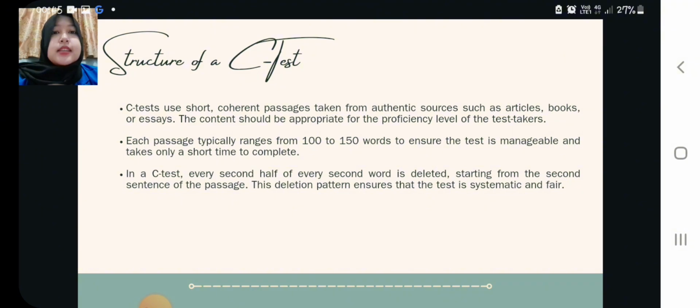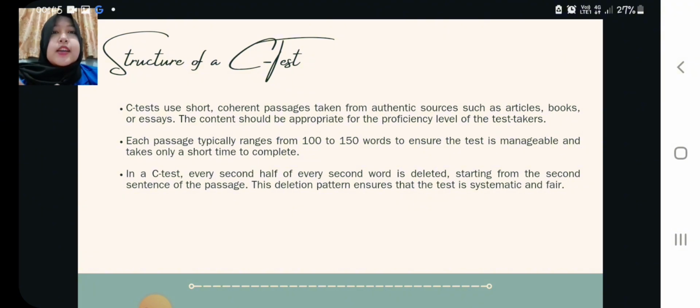And next, each passage typically ranges from 100 to 150 words to ensure the task is manageable and takes only a short time to complete. It means that a passage length of 100 to 150 words strikes a balance between being long enough to provide a meaningful assessment and short enough to prevent fatigue or disengagement.